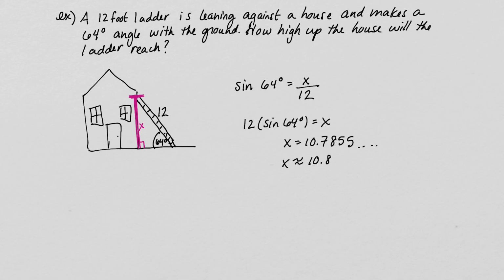So that's that distance x. Does that make sense? So from this, you can't tell how tall the whole entire house is. You can just tell how high up that ladder is. Any other questions on the word problem before I go on?